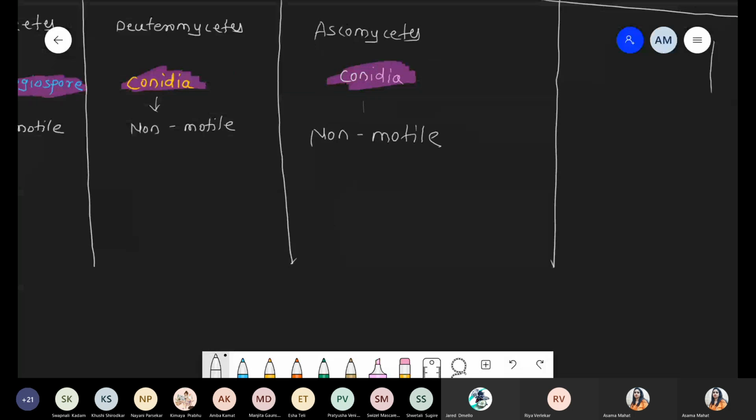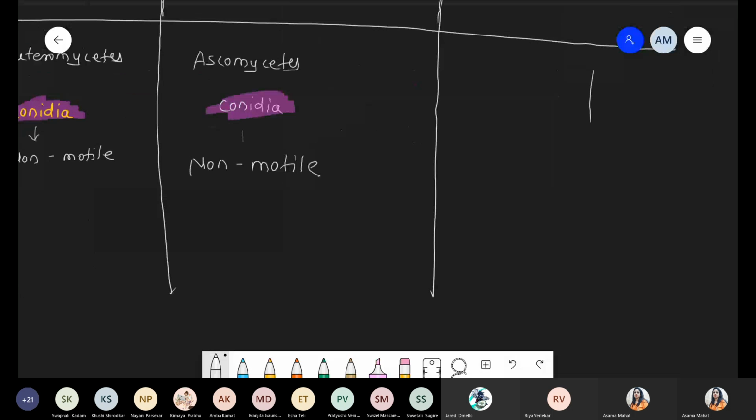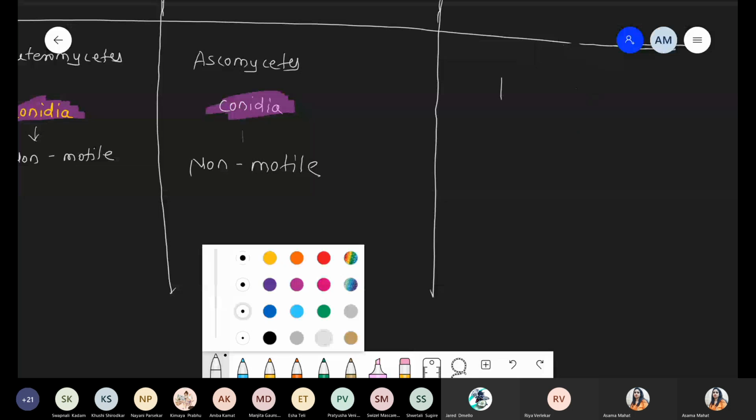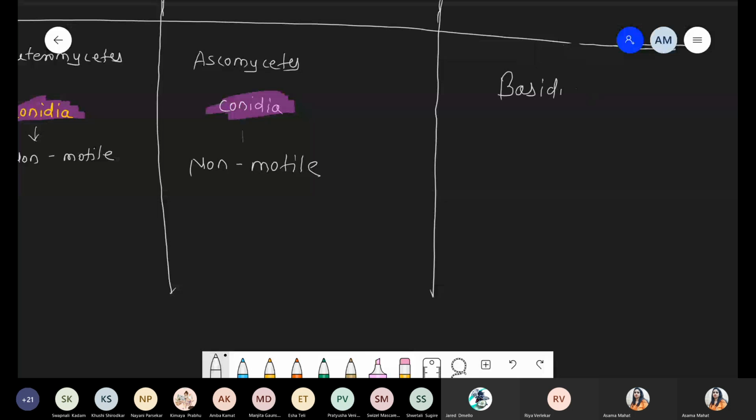And finally, there is one question which was already asked in a previous examination with respect to the most advanced class of the fungi, that is under the basidiomycetes. Basidiomycetes are definitely the most advanced type.